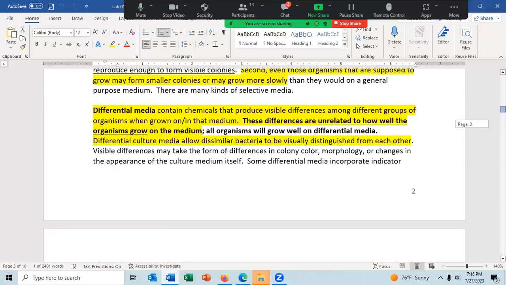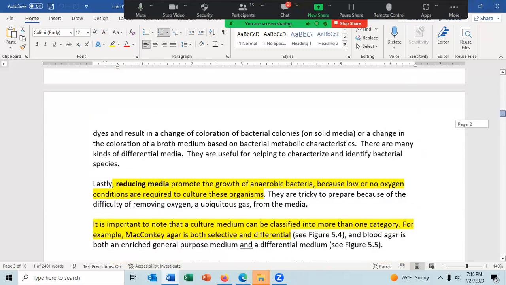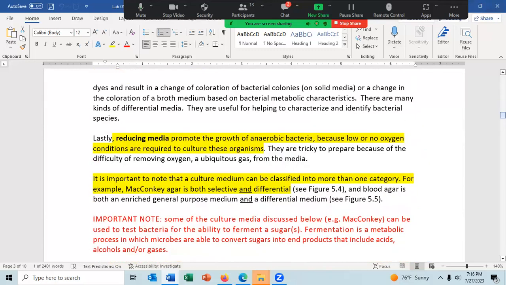It is also an enriched media because it supplies nutrients for fastidious organisms to grow, like Streptococcus pyogenes, which cannot grow on a general purpose media plate because it requires additives, which are not present.